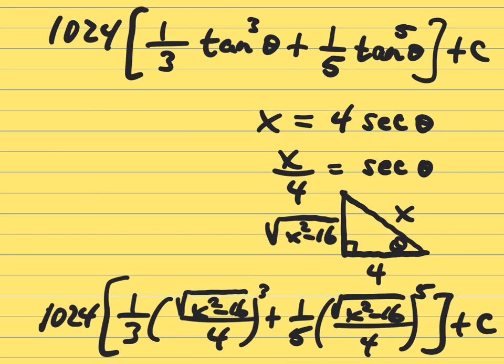You're more than welcome to simplify, but WebAssign is very good at taking a pretty complex answer that's correct, and it doesn't demand a very simplified answer. But if we do it, this is what it should look like.